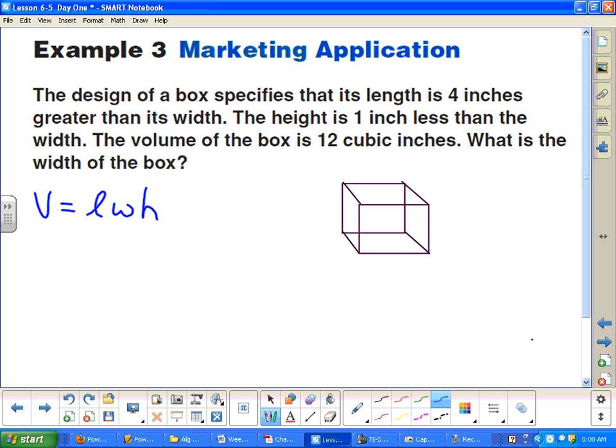So let's call this the width here, this side of my box. I'll give you a chance to draw that box if you want. As you can see, I'm not a great box drawer.